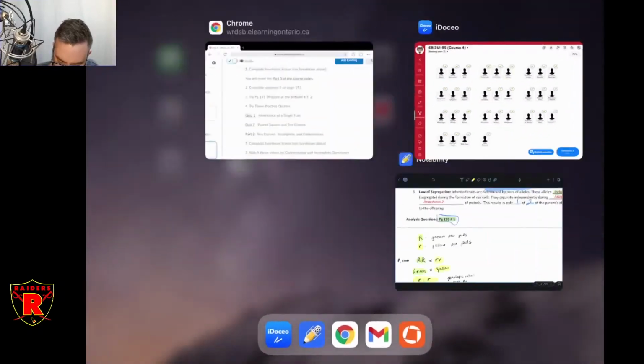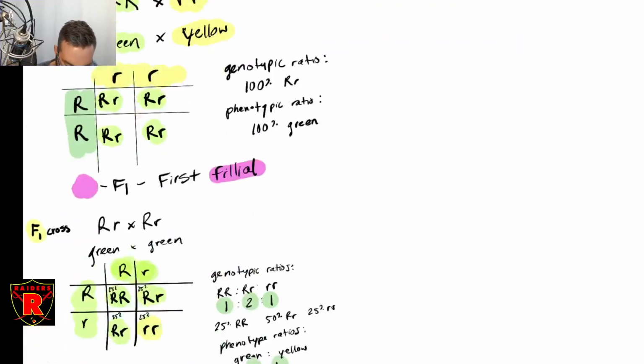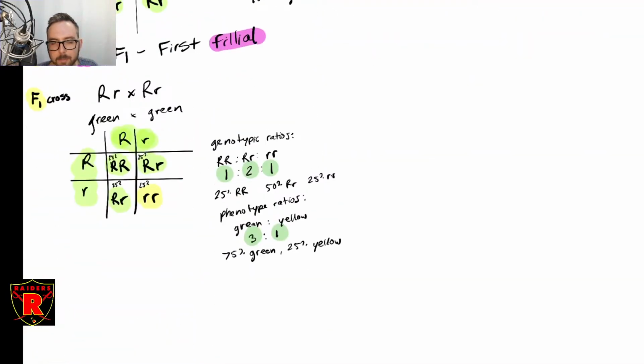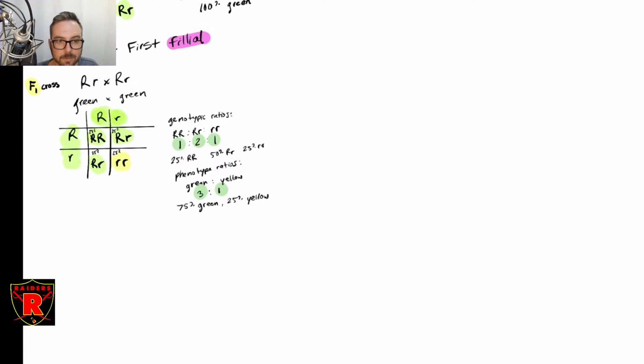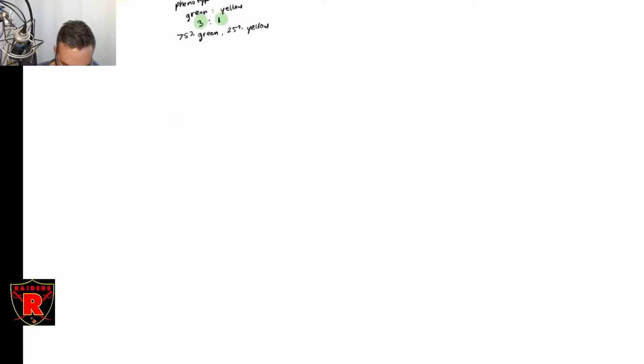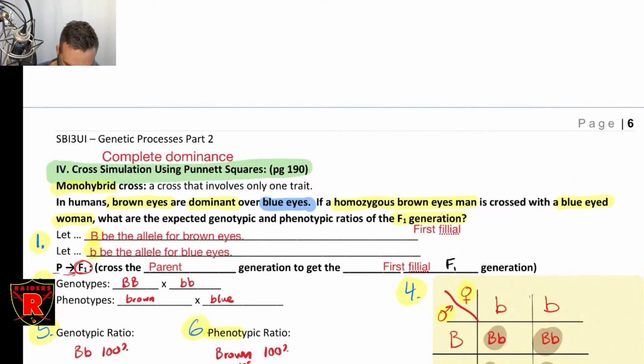Everybody's here. We looked at the original experiment that led to some of these conclusions about genetics and figuring out that we had 2 copies of each allele, which is pretty cool.